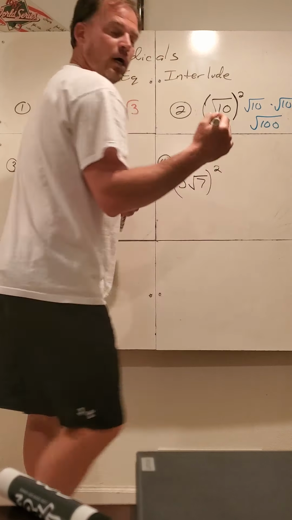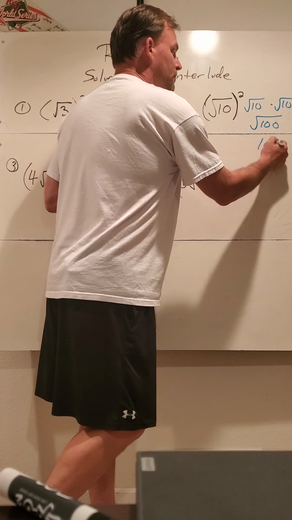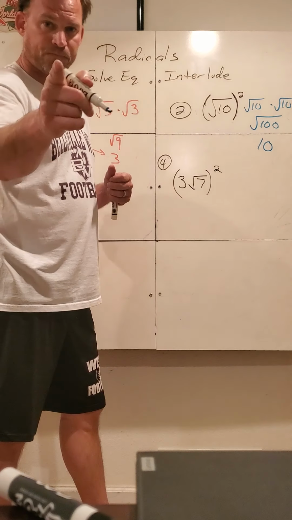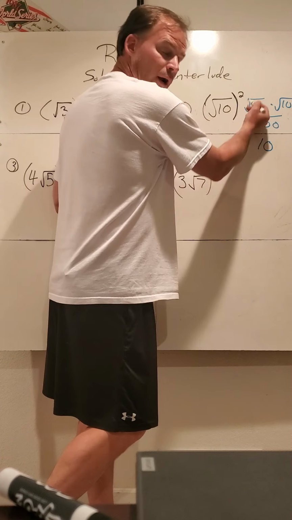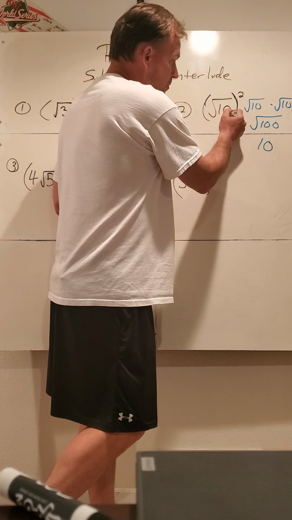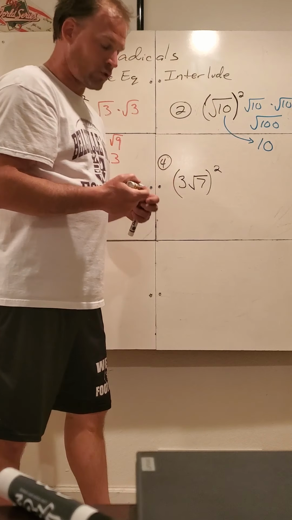The square root of 100, again, is a perfect square. It's on the list on the paper I gave you about 6 weeks ago. If you still have that, you should know these numbers. They've been popping up a lot. The square root of 100 is 10. When I square a square root, the number in here is my answer.